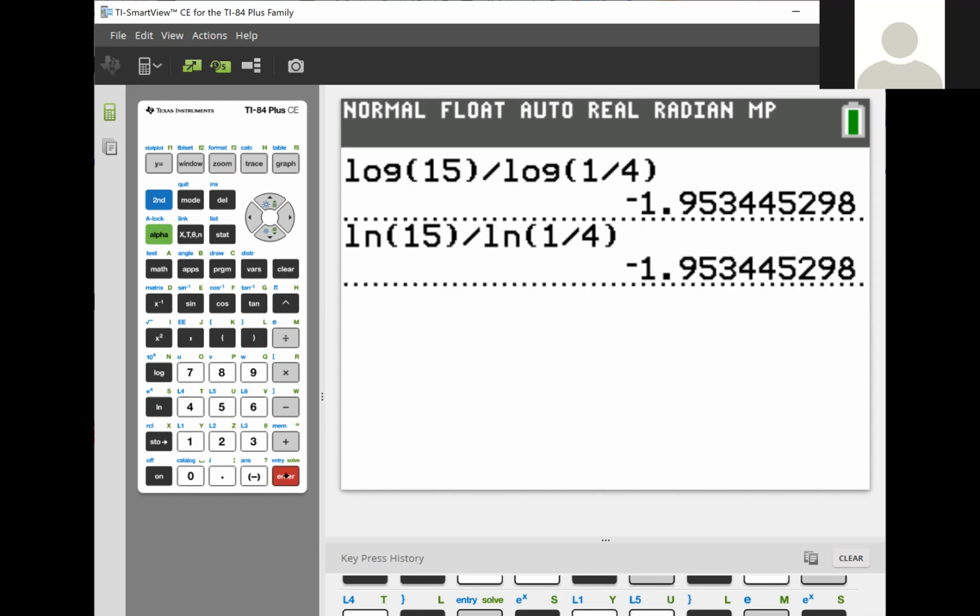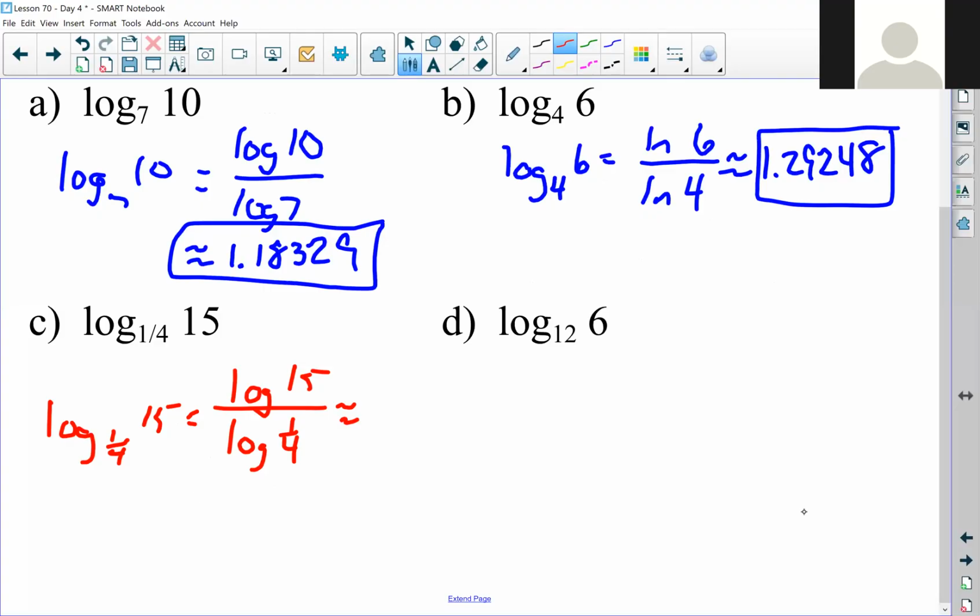As long as you do both with log or both with ln, you're okay. And the last one. Log base 12 of 6.